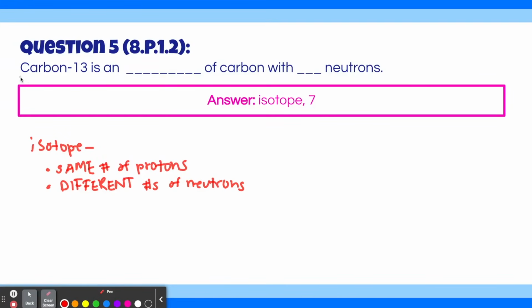When an element is written like this one up here, so it says carbon 13, we have the element name and then its mass number. When it's written like this with the name and the mass number, that's how we know that it's an isotope. The mass number of an element is the sum of its protons and neutrons.